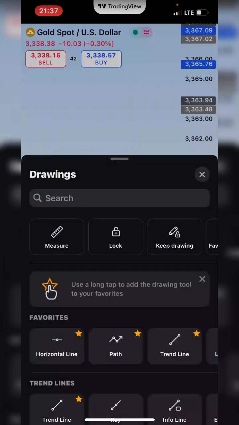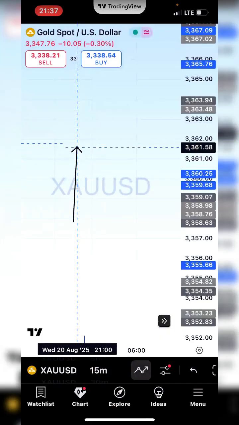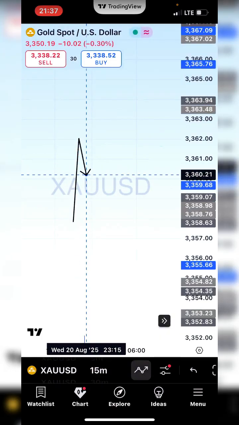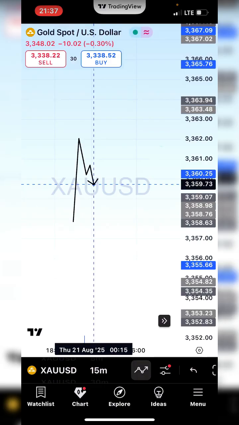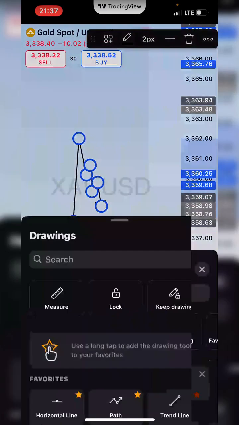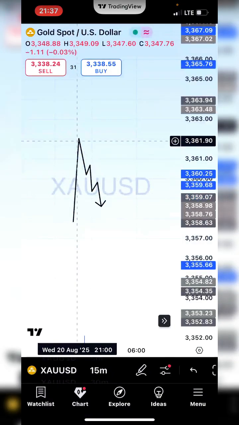So if we have something like this, price went up and then is currently doing something like this. So we have the high. From here to here is a range.